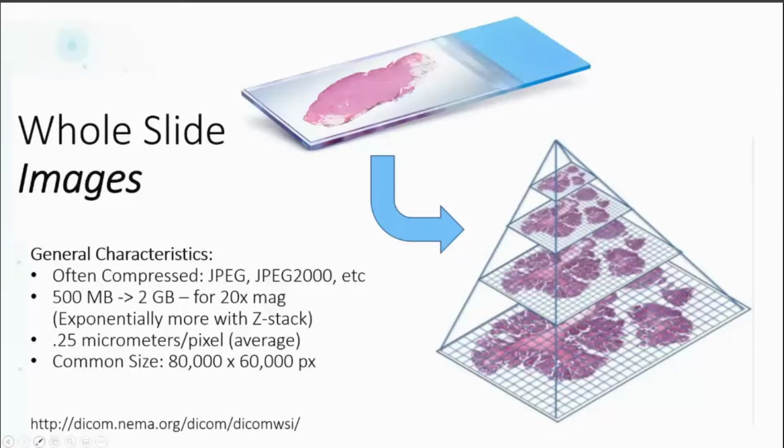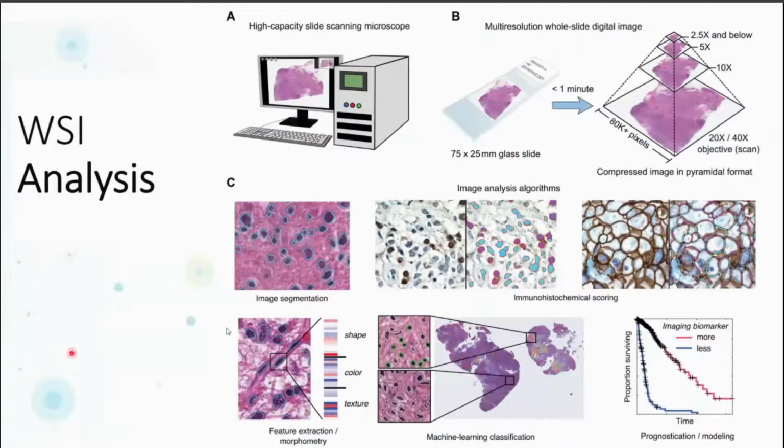We'll go into some of the other challenges, but the typical size of a whole slide image, at least again in this standard 1x3 format, can be 80,000 by 60,000 pixels, and so you can see we're dealing with fairly large sized images.